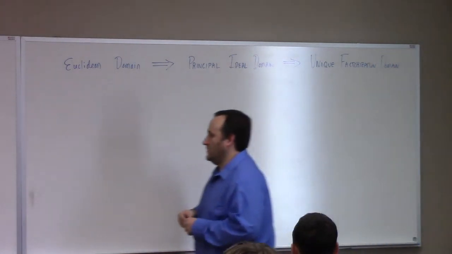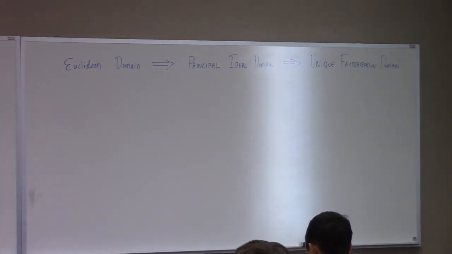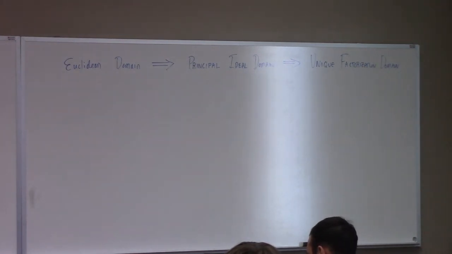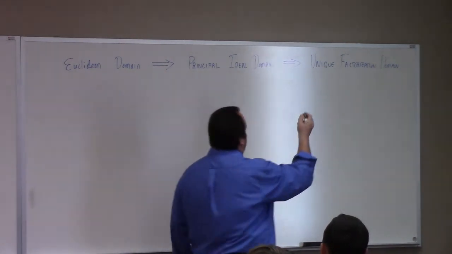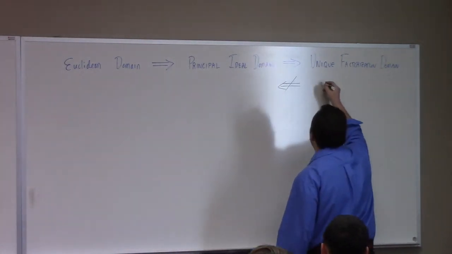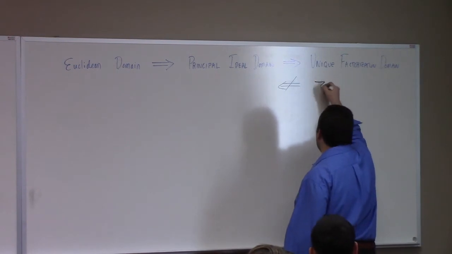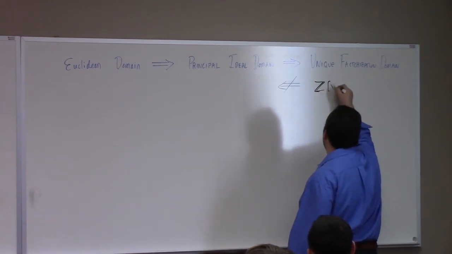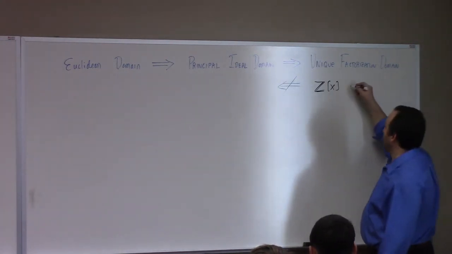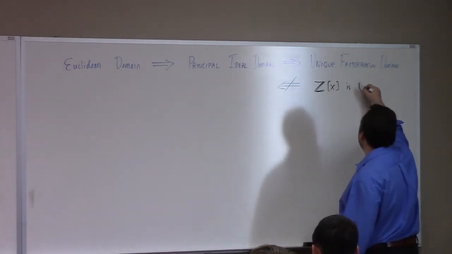So to show you that they're not reversible, let me give you examples. To prove that this arrow cannot be reversed, it suffices to give one counterexample. A good example of that would be if you look at Z adjoin x, polynomials with integer coefficients, you can prove, in fact, that this is a unique factorization domain.